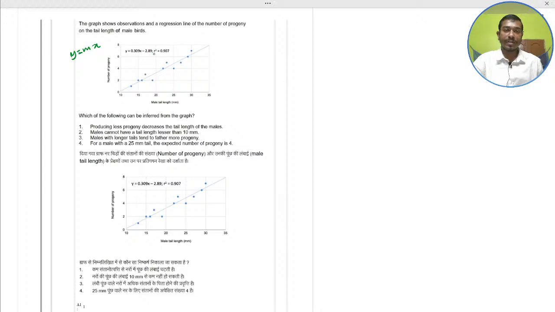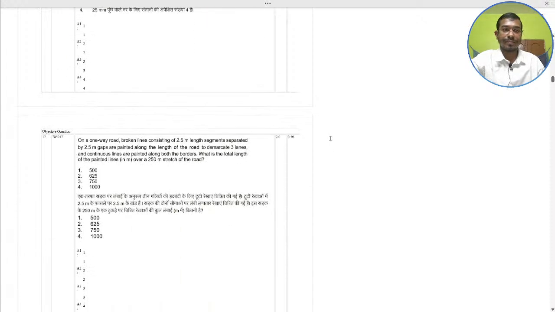Y equal to mx minus c. Here c is 2.81 because it is basically an increase. So by the observation, answer C would be correct: males with longer tails tend to father more progeny. Next one.